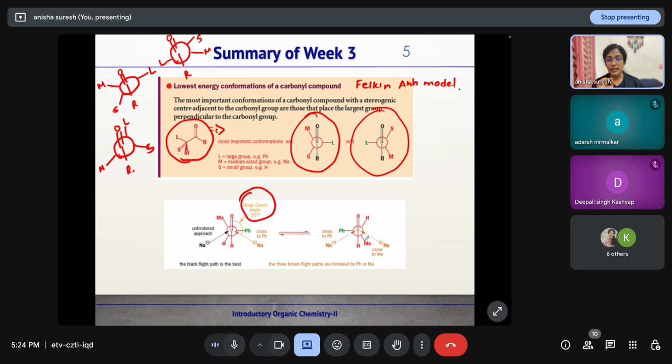In this case it will be close to the methyl group, which is a medium sized group, so there also steric hindrance can be there. But when the nucleophile attacks from this black pathway, the hydrogen is adjacent, and because of that it will be an unhindered approach. So this will be the best approach for the nucleophile, and it will give the major product. Okay.